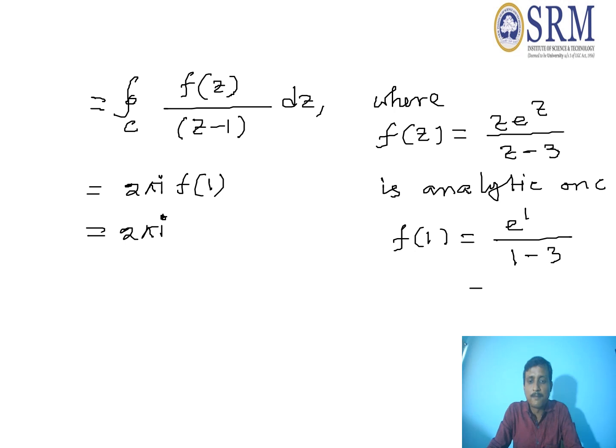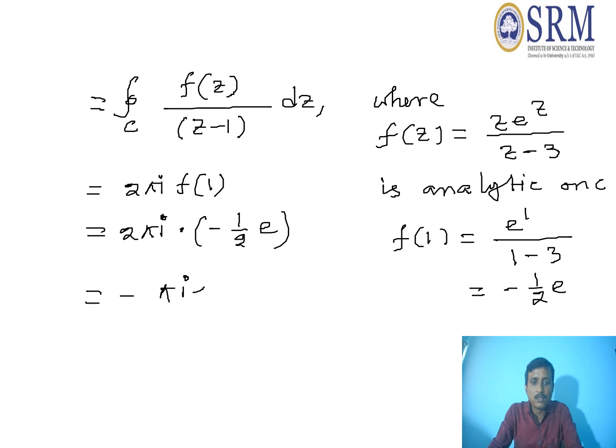What are you getting? It is minus 1 by 2 e. Okay, so now this you substitute here. So it is minus half of e. Then you calculate it, you are getting minus pi i e.